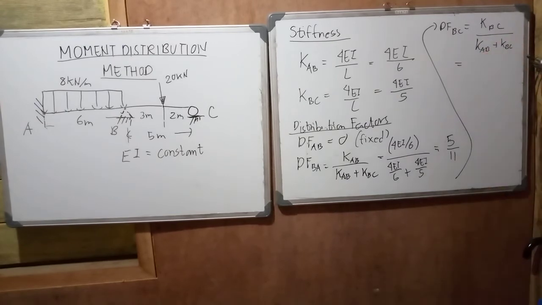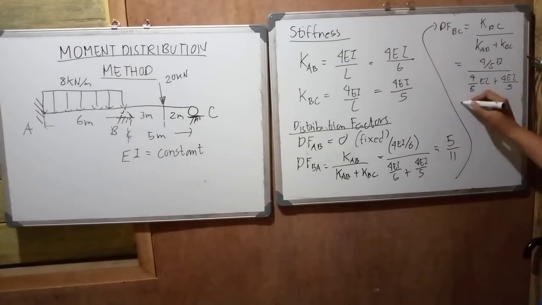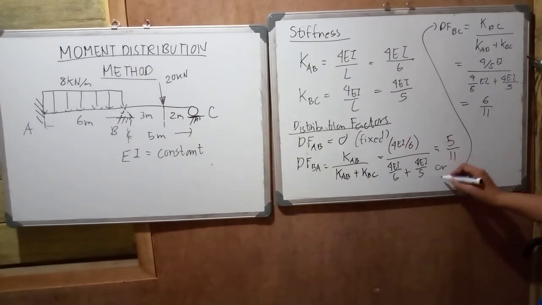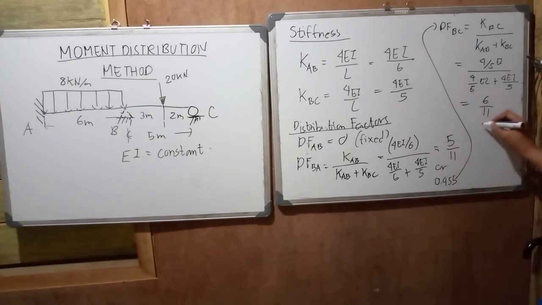So, si KBC mo is 4EI over 5. So, 4EI over 6EI plus 4EI over 5. Same answer nung ate, is equivalent to 6 over 11. Or, itong 5 over 11 is 0.455 and ito is 0.545. Okay? In 3 decimal place.